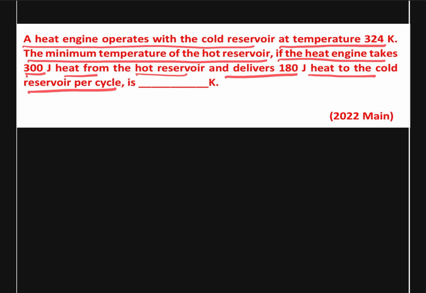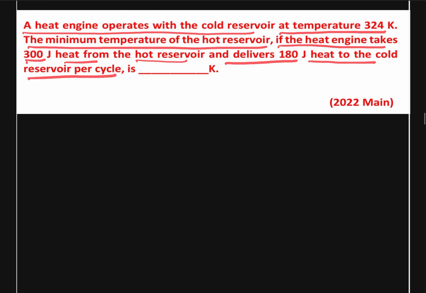So we can once again draw our diagram. We are going to have a source, and that is going to supply to the engine, which is going to do some work, and then it goes to our sink.